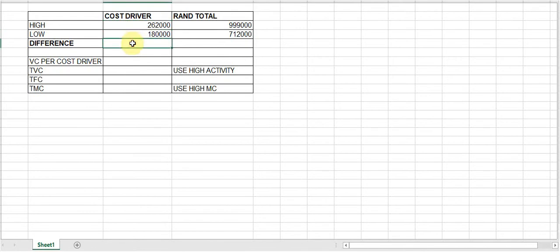I need to get the difference, which is high minus low, so 999,000 minus 712,000 to get the difference in Rand terms.